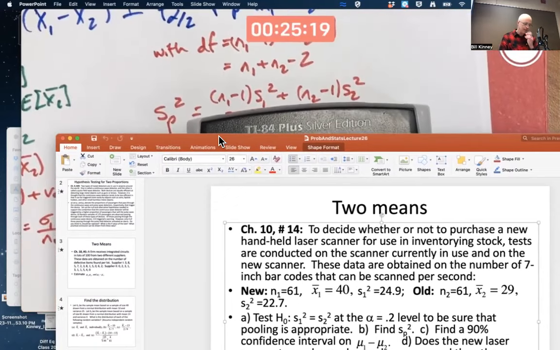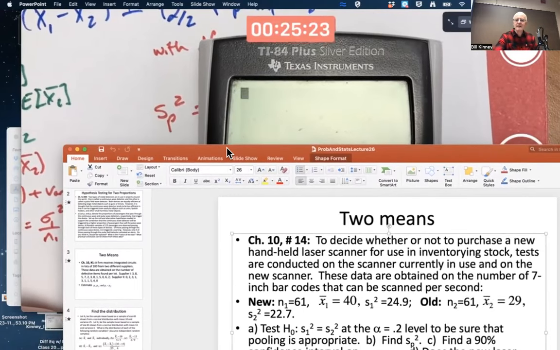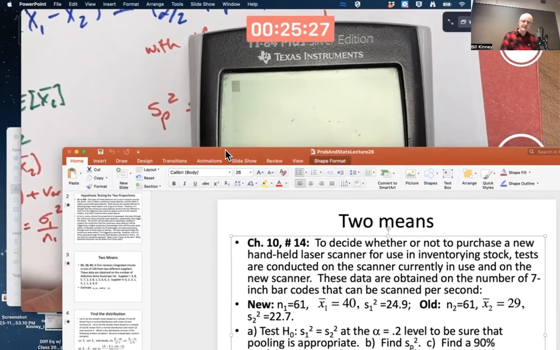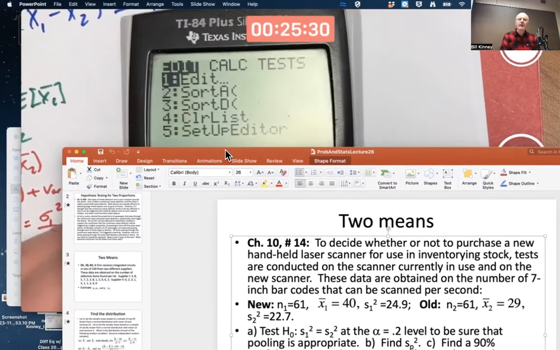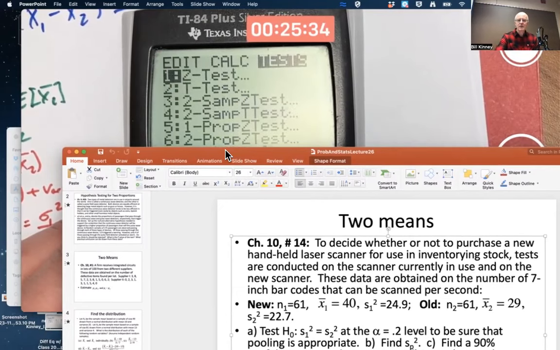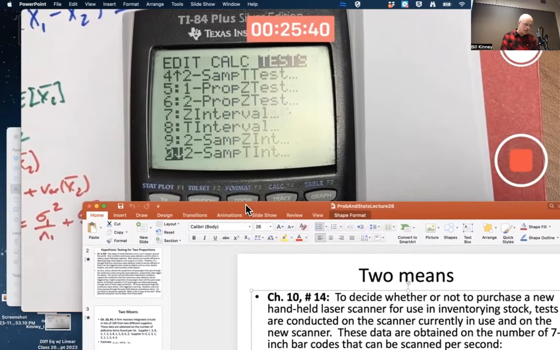If we were trying to compute this confidence interval based on the summary statistics that we see in this problem statement, we'd want to go to the stat menu and go to tests. We're not doing a hypothesis test yet. We are after an interval, a two-sample T interval.